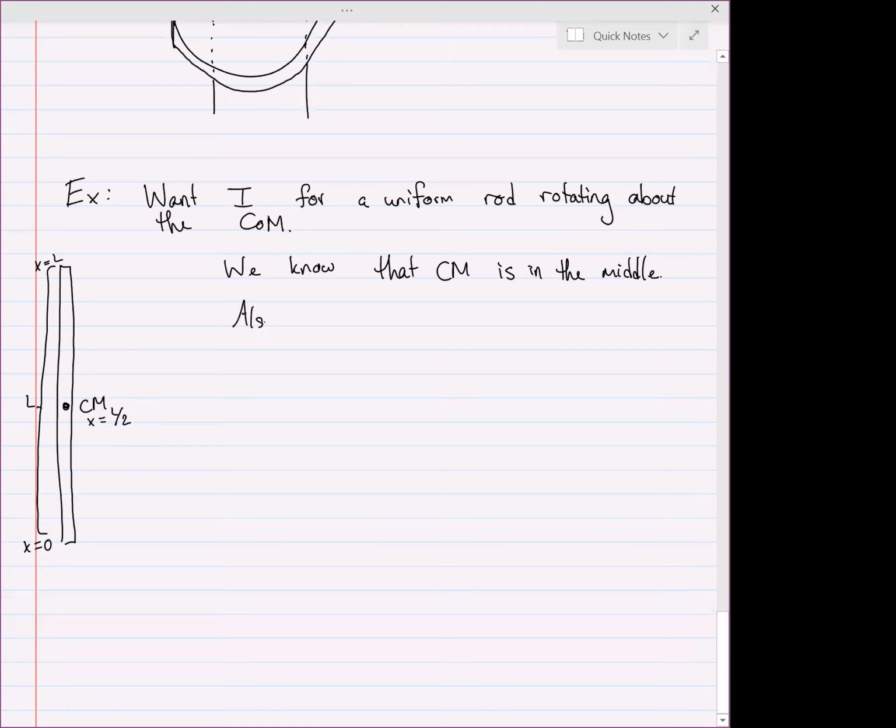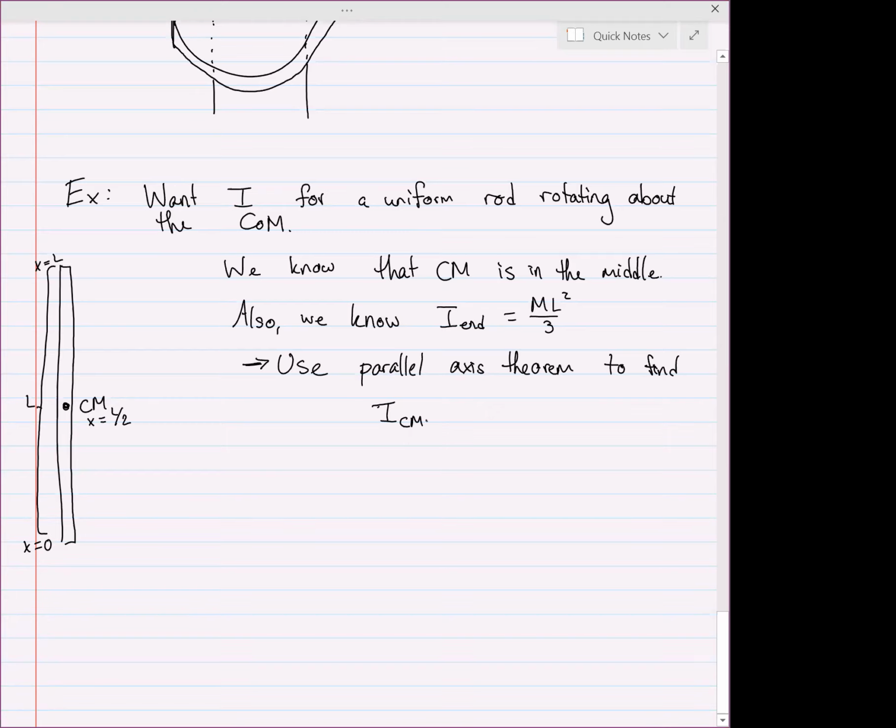Also, we know that the moment of inertia about one of the ends is equal to mL squared over 3, right? It's symmetric, so it doesn't matter which end. So we can use the parallel axis theorem to find the moment of inertia about the center of mass.